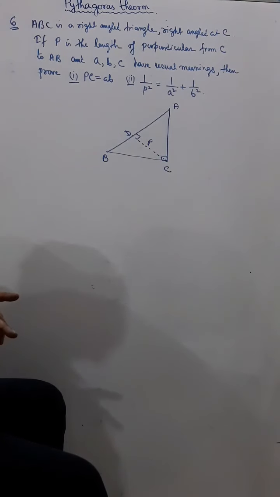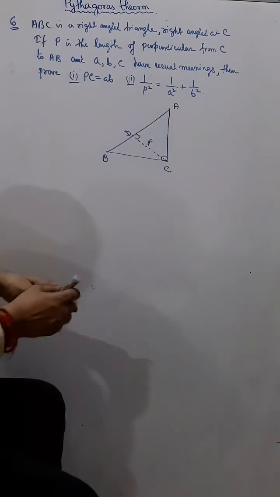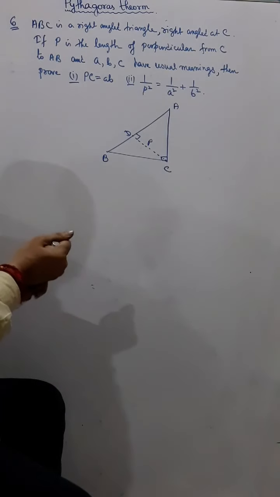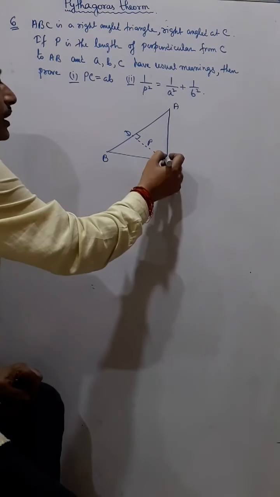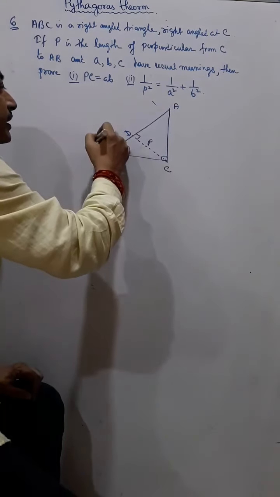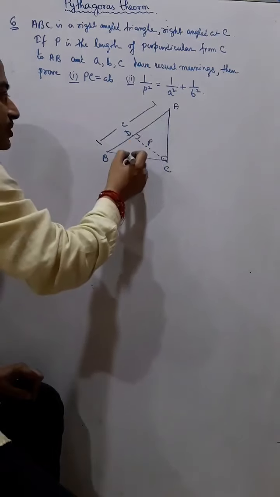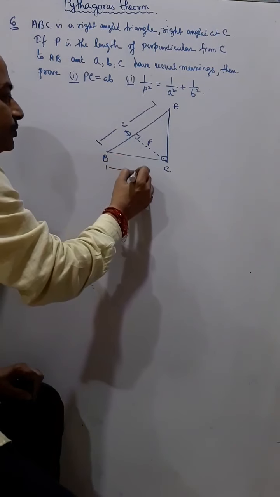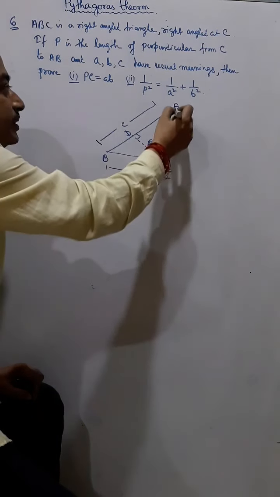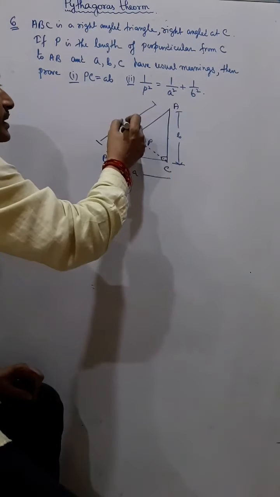To AB, and a, b, c have their usual meanings. The usual meanings mean, in a triangle ABC, generally the side opposite to C we take small c, the side opposite to A we take small a, the side opposite to B we take small b, and generally we take small c as the hypotenuse.